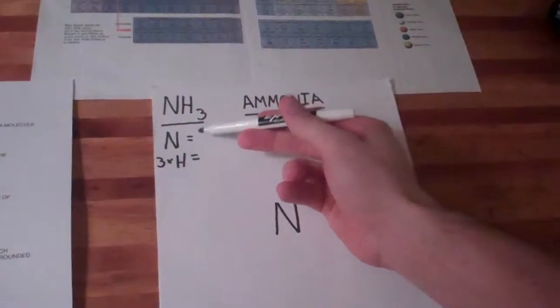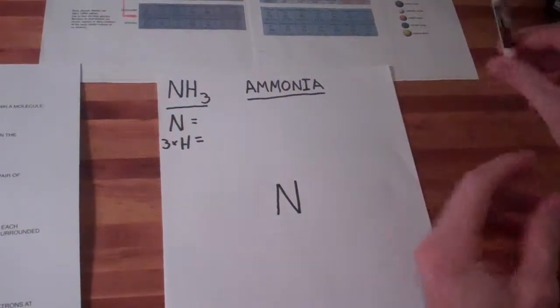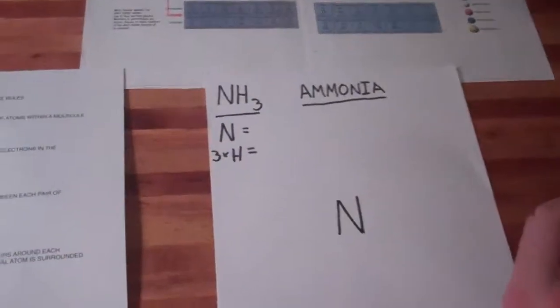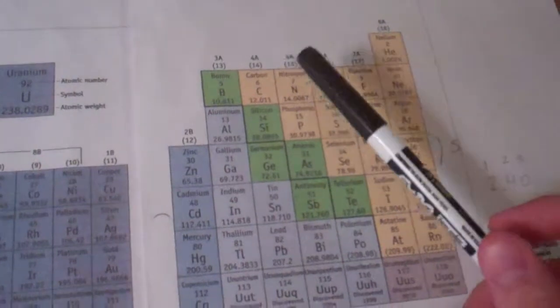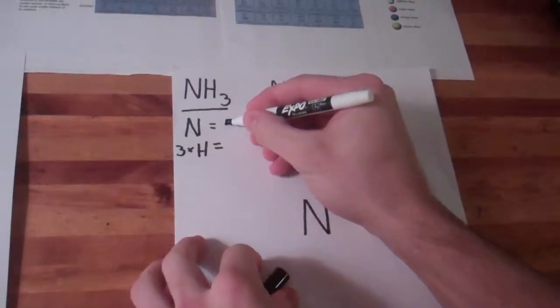So we see that there's only one N, so you're just going to use whatever group it's in on the periodic table, which is group 5. So therefore, it is going to have 5 valence electrons. And we can write it like this.